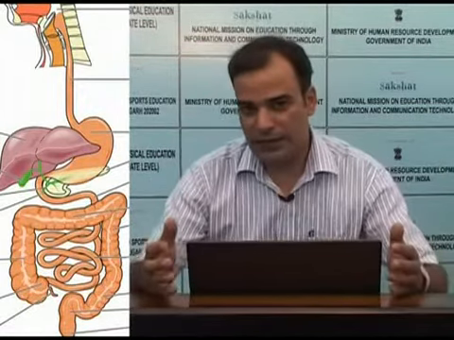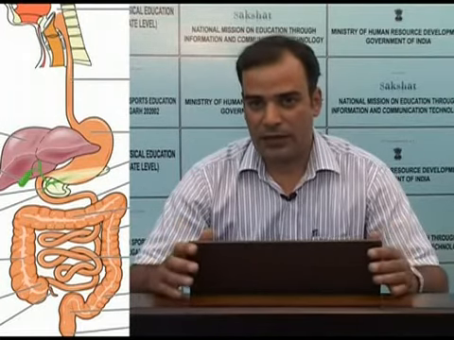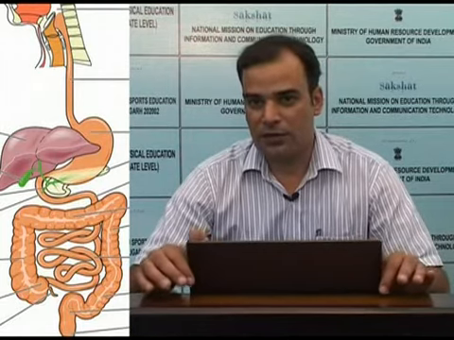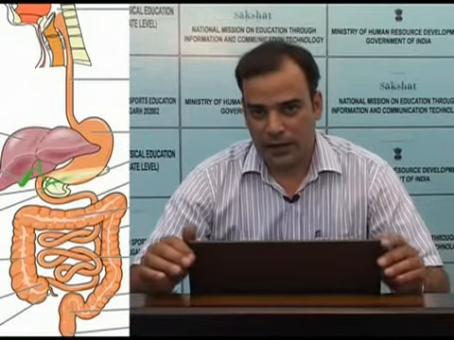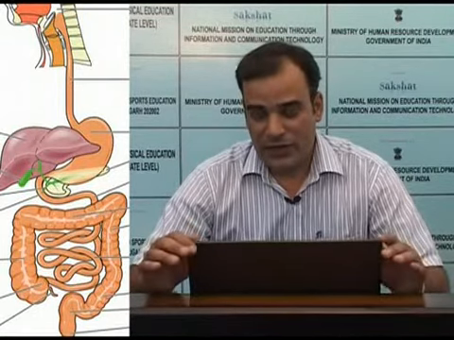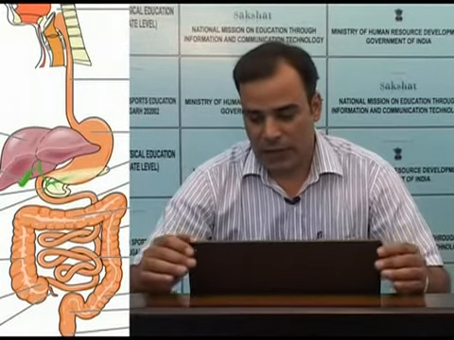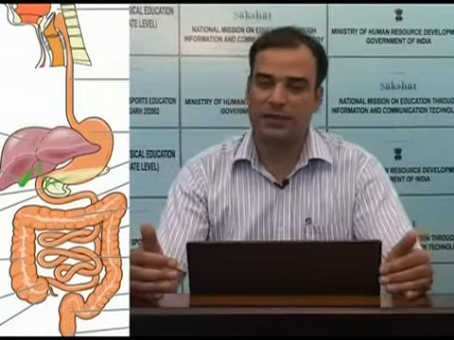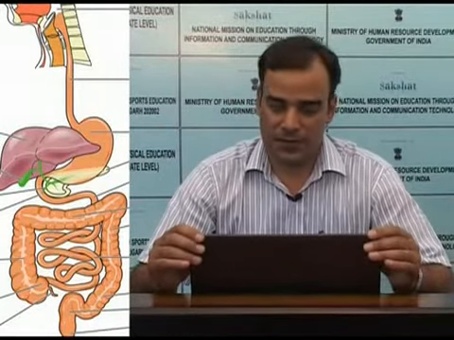The nerve endings of both sympathetic and parasympathetic are interconnected with the intrinsic nervous supply of the GIT. As I said earlier, GIT can function on its own without the extrinsic supply. However, the extrinsic supply of sympathetic and parasympathetic modifies the functions of the enteric nervous system.